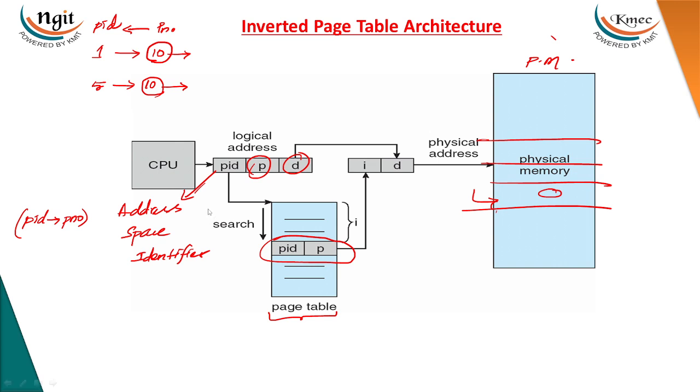Even though the inverted page table decreases the amount of memory needed to store each page table, the problem is that it increases the amount of time to search for a page reference. Whenever a logical address is generated, it will take a lot of time to find that particular page in the page table.